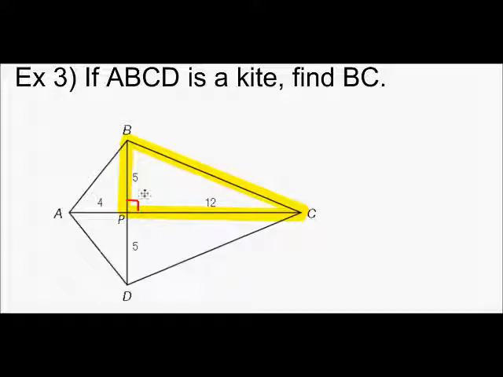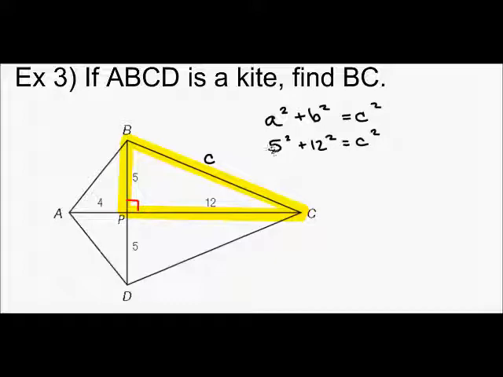And when I have a right triangle, I can use the Pythagorean theorem to solve for a missing side. Remember, that's a squared plus b squared equals c squared. So a is 5, b is 12, and side BC is c.